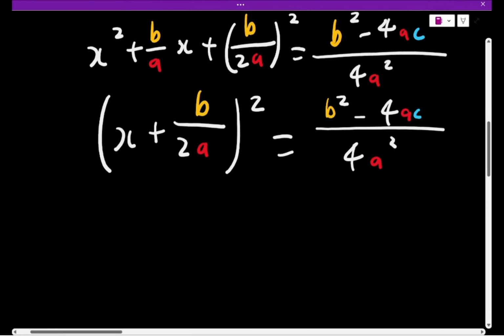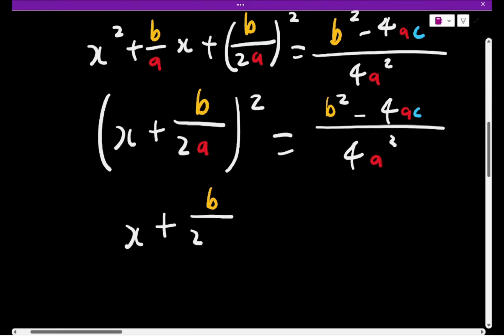Okay, remember we are trying to solve for x, therefore we are going to take the plus minus square root on both sides. So x plus b over 2a is equal to the plus minus square root of this. When we take the plus minus square root, we only expect two solutions, the positive square root and the negative square root. What we can do is actually split up the square root into the plus minus square root of a over the plus minus square root of b.